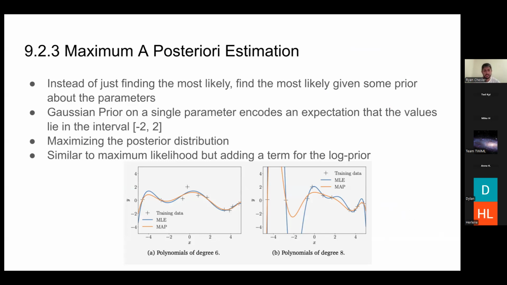The example they gave in the book was a Gaussian prior. If you have a Gaussian prior on a single parameter, it's going to believe that the value is going to be within -2 and 2. And then from there, instead of just optimizing for the most likely, you're optimizing the posterior distribution.